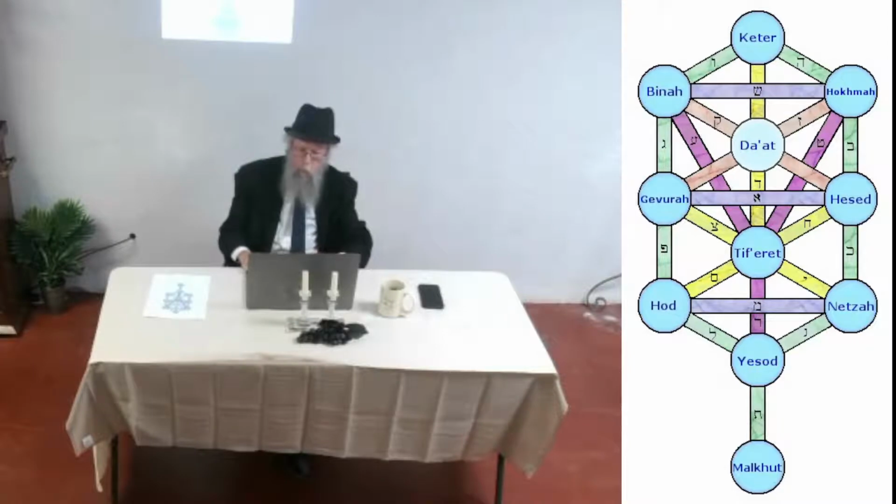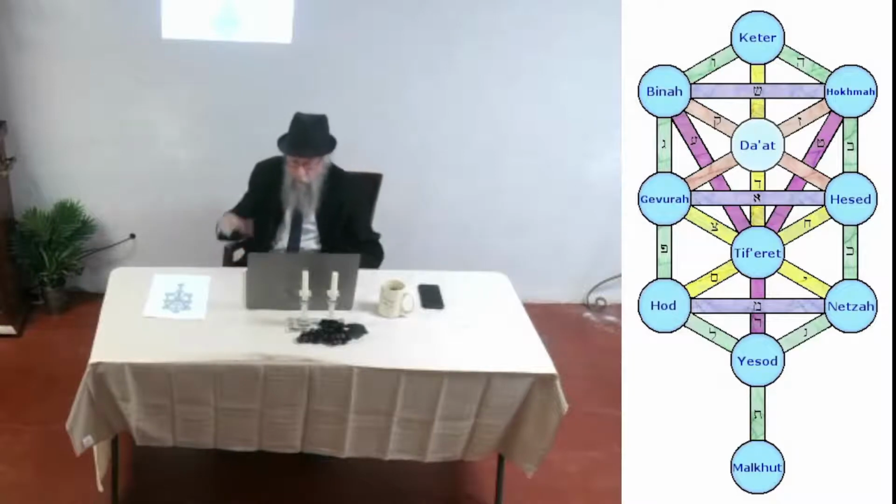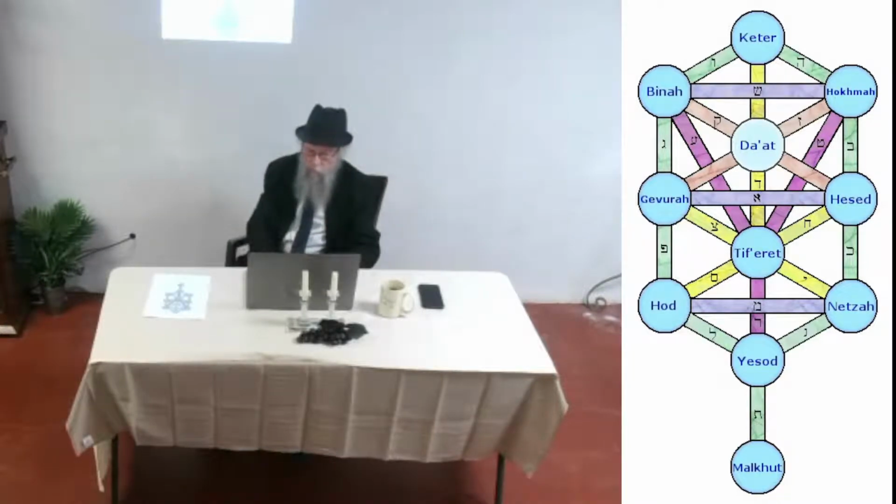So the leaves of the tree were for the healing of the nations. And he says, no longer will there be any curse. All right, so let's look at the tree.